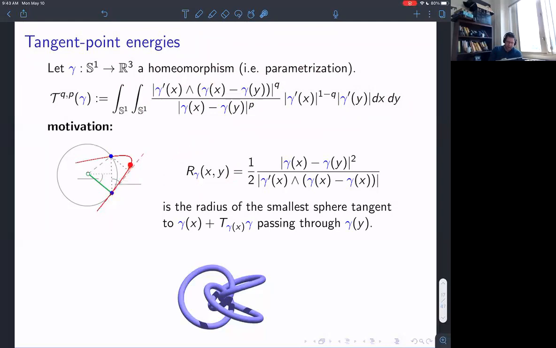You have the red line, which is a part of the knot. You go to one point, and you look at all the circles which go through that point and are tangent at that point. Now you look at the one that also goes through the other point, y.